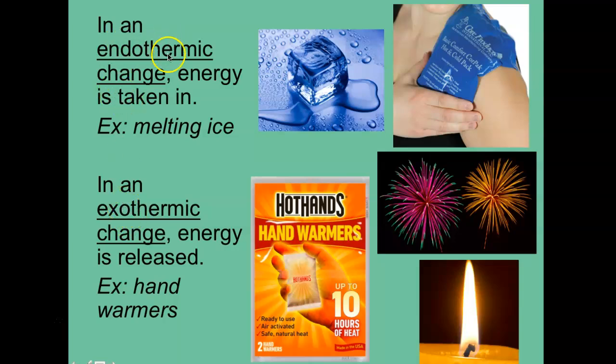So an endothermic change is going to be a change where energy is taken in, and as a result of an endothermic change, the substance that is reacting is going to feel colder. So in a lot of sports or in first aid kits, a lot of times you will have these cold packs. So this cold pack, when you shake it, it will mix up the substances that are in that cold pack, and it will feel cold to the touch.